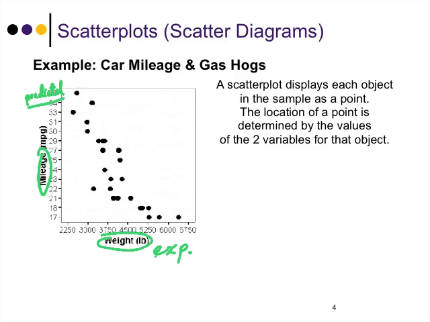You could see that we have a scatter plot that displays each object, and the sample is a point, and the location of a point is determined by the values of the two variables of that object. For example, this point here corresponds to a car whose weight is roughly 4,000 pounds, and its gas mileage is 27. So that's where that point comes from.